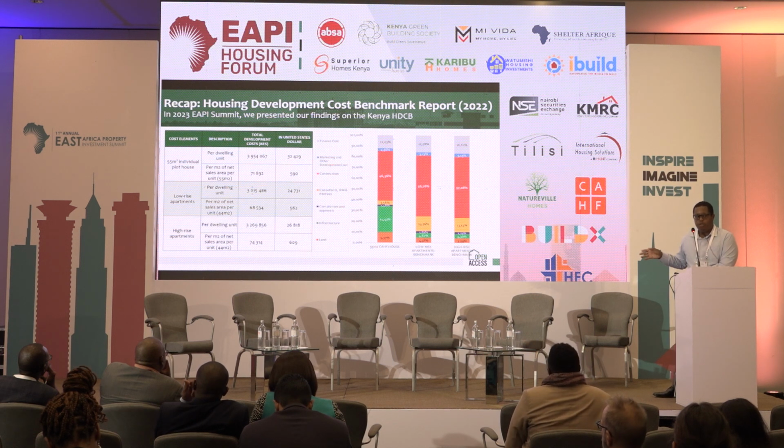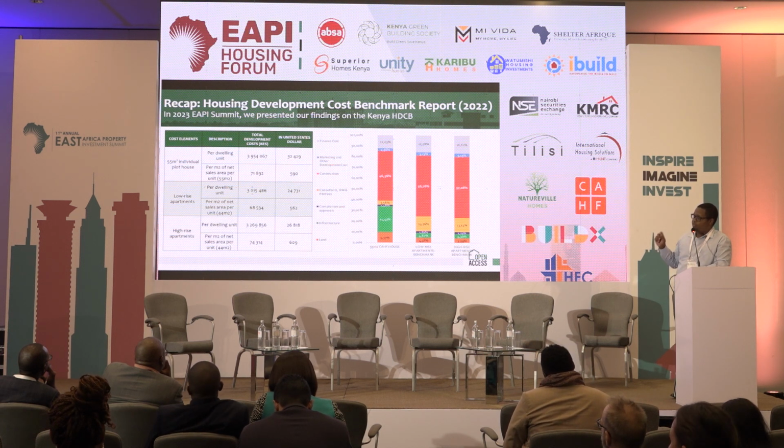The output was that the average cost of development, so all the costs along the housing value chain, ranged between 74,000 shillings per square meter all the way to 68,000 shillings per square meter. So those were the all-in costs that we came up with.